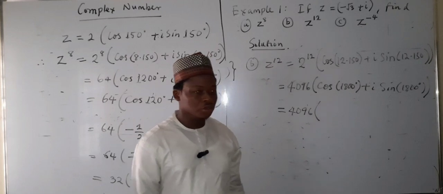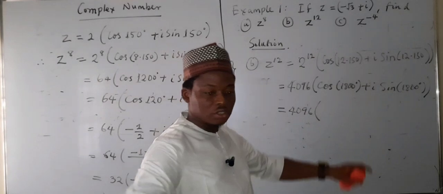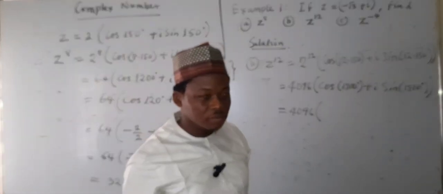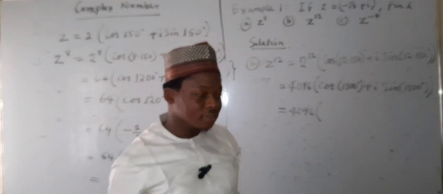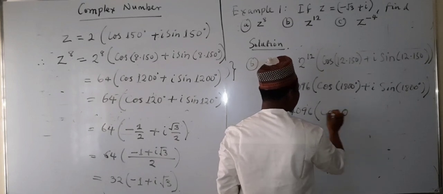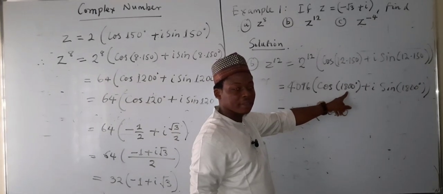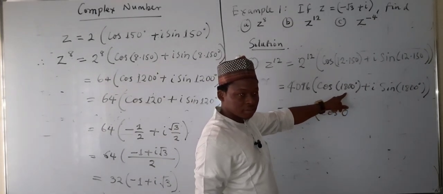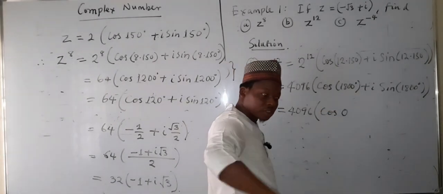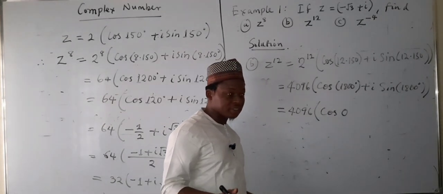Yes. So, cos 1,800, what do you have? 1. Okay. Cos 0. So actually this is 5 pi, that means this is 10 pi, because 1 pi is 180, right?